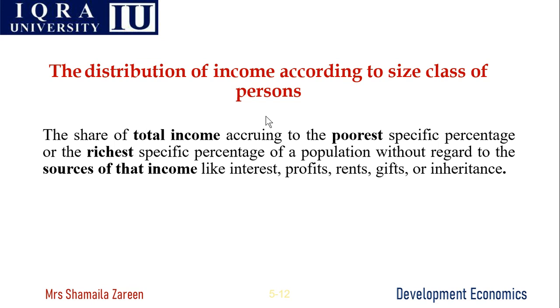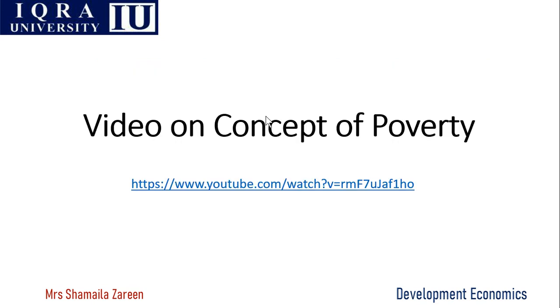This is why it is called the size distribution of income, because we see inequality according to the size class of persons. It means the share of total income accruing to the poorest or the richest specific percentage of the population, without regard to the source of that income, like interest, profits, rent, gift, or inheritance.